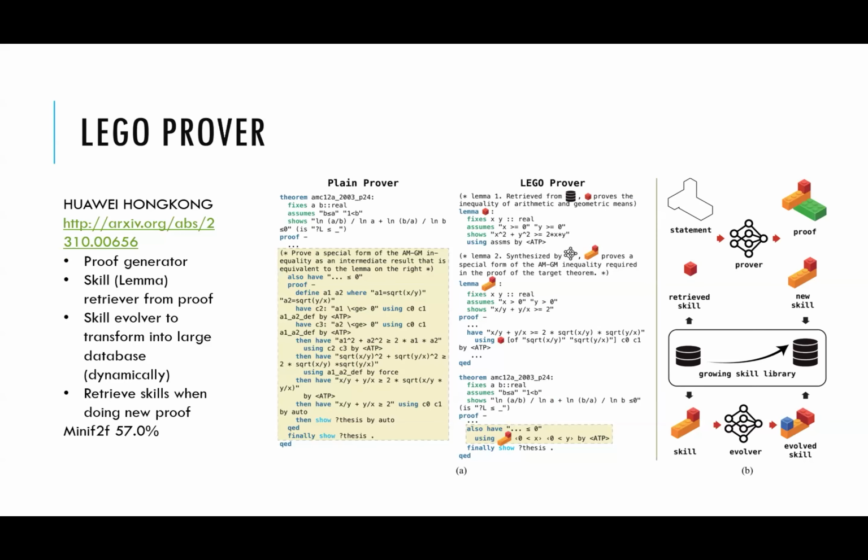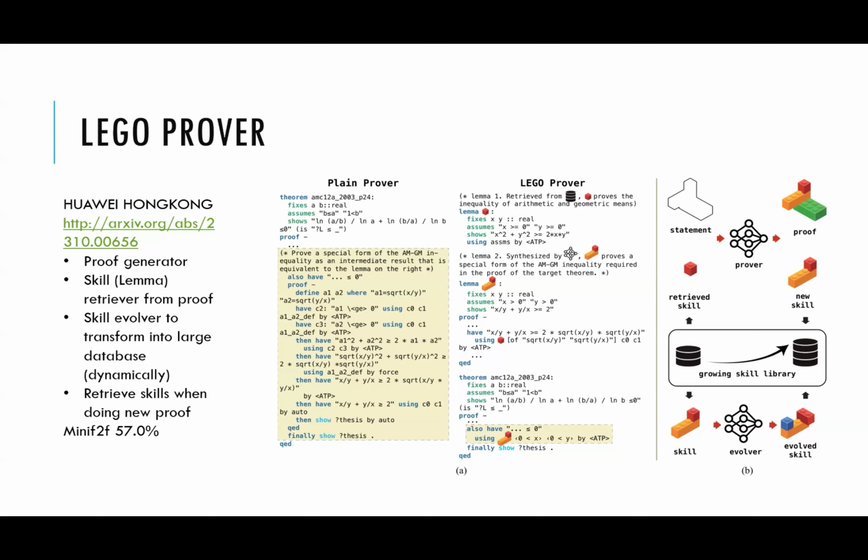Another work is more progressive, more aggressive. It not only uses the vector data set, it also interacts with the database. Once this prover finishes a proof, it will use an extractor to extract some fractions of the proof into new lemmas.